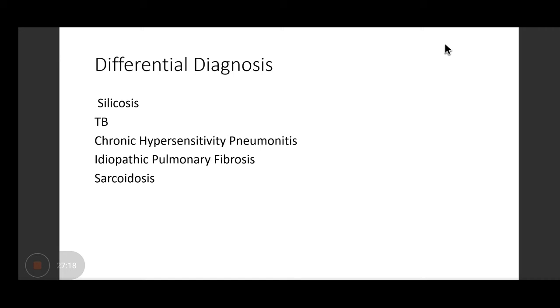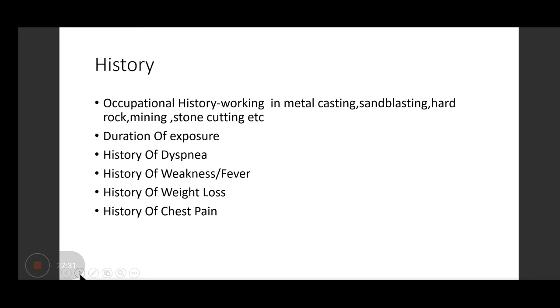So for history, we will ask about occupational history and duration of exposure, history of dyspnea, weakness, weight loss, and chest pain. So on investigation, X-ray shows fine multiple nodularity that is well defined and uniform in shape in the upper zone. Calcification of the lymph node will also be seen.